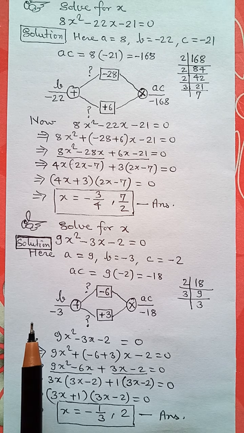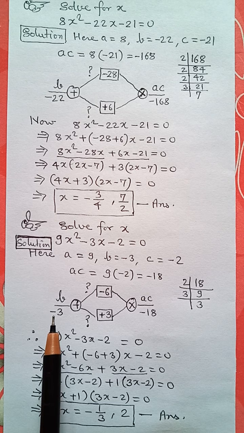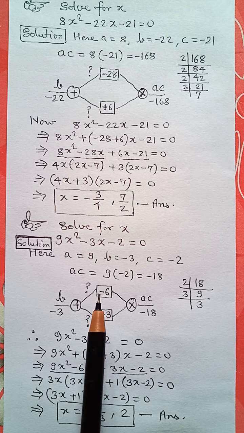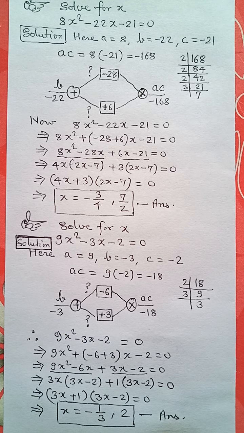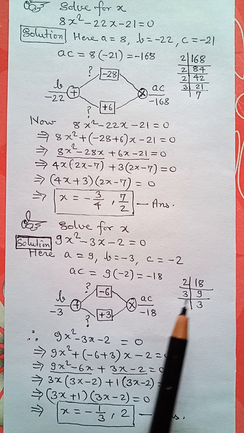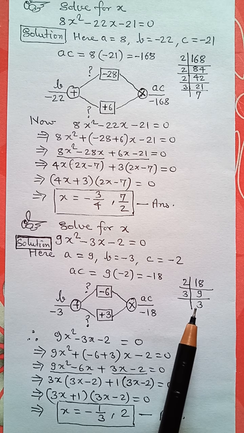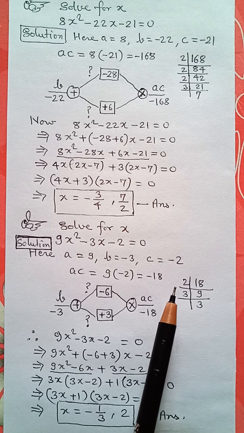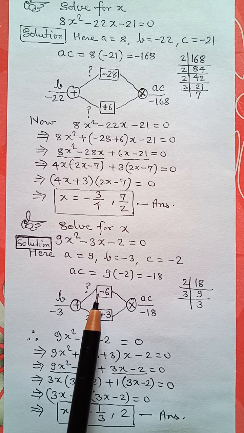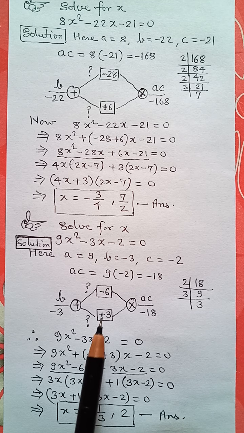And in terms of quantity, you can say that this negative term is greater than minus 3. Therefore, one of the numbers must be greater than 3. Now, here 3 2s are 6 and this is 3. Let us see, this is minus 6 and this is plus 3.